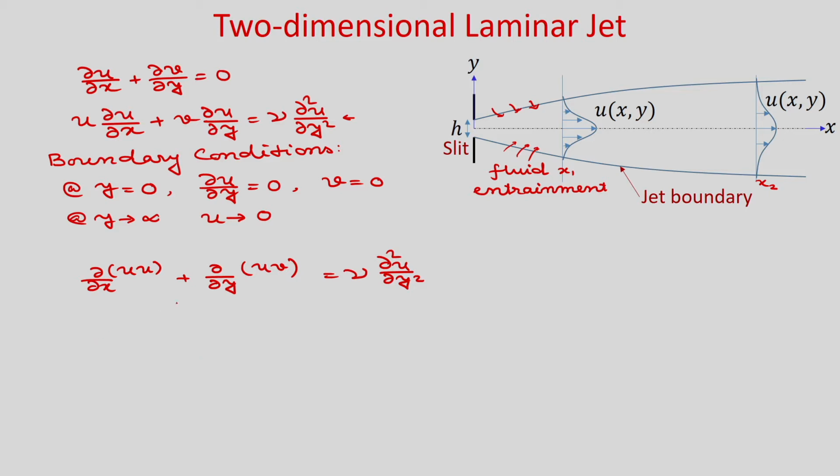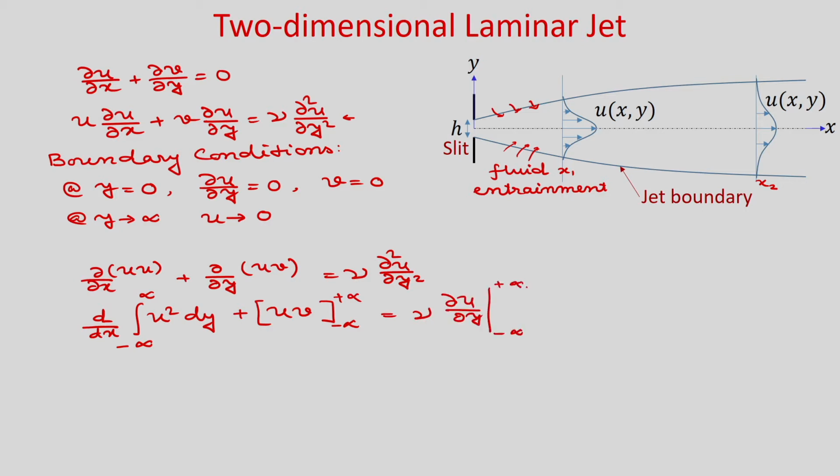Now, if you integrate it from y is equal to minus infinity to y is equal to plus infinity at a particular x location, then we can write as d/dx. So, if you use Leibniz theorem, you can convert it to the integral from minus infinity to plus infinity of u² dy, and this if you integrate, then it will be just uv from minus infinity to plus infinity and is equal to ν ∂u/∂y from minus infinity to plus infinity.